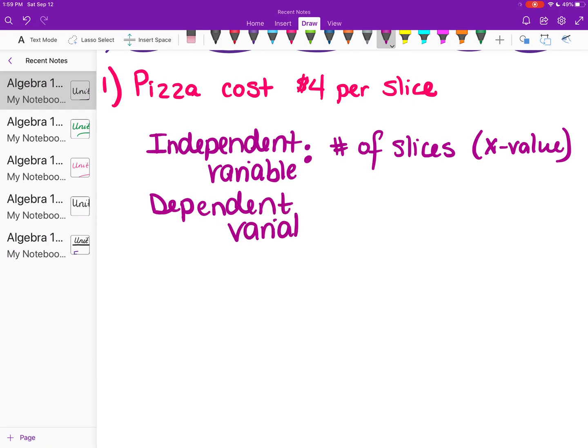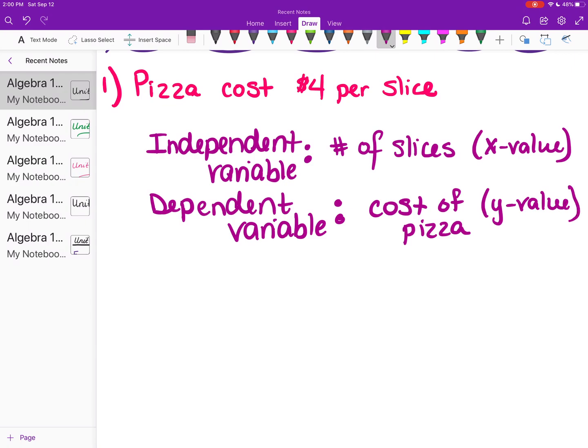It's what's responding to our changing. So as we decide on how many slices, what does that change? That changes how much the cost is going to be. If we only have one slice, the cost is only $4. If we have 10 slices, the cost is going to be much higher. So that's going to be the y value.